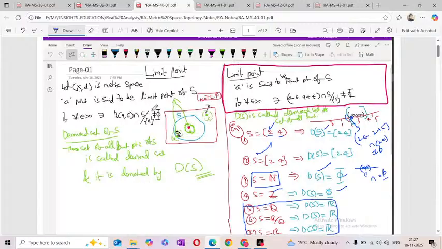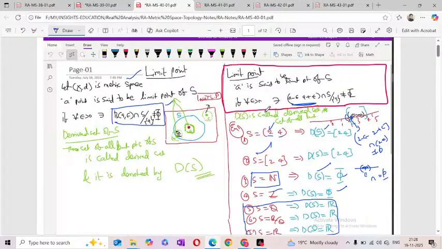Same concept in a metric space. Suppose (X, d) is any metric space. A point a is said to be a limit point of S if for every epsilon there exists a ball, which here means the open interval (a minus epsilon, a plus epsilon), which we call the open ball B(a, epsilon), such that the intersection of B(a, epsilon) with S, excluding a, must be non-empty. Then we call that point a limit point.